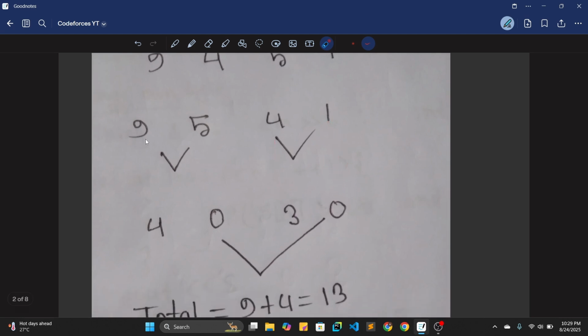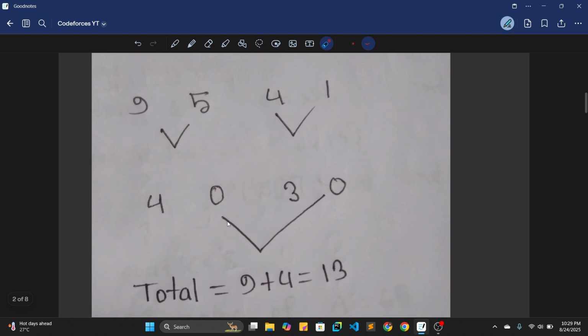So the first and second villagers are now friends, and the third and fourth villagers are also friends. To make the second and fourth villagers friends, we don't need any emeralds because the maximum grumpiness of these two is 0.